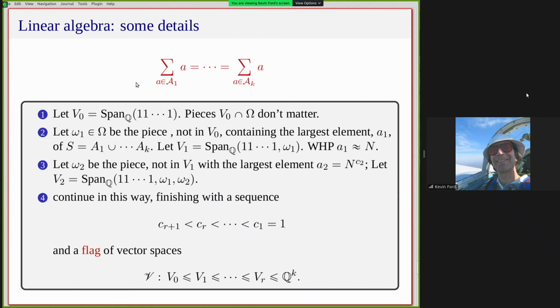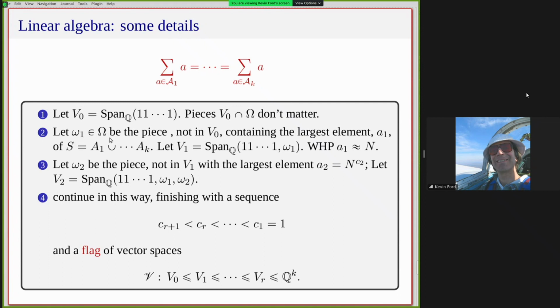So what we're going to do is, given A1 through AK, we're going to build up some vector spaces. The first vector space is the trivial one, which is spanned by the all one vector. If you intersect that with omega, there's just 2 pieces, all ones and all zeros, and those don't matter in here.